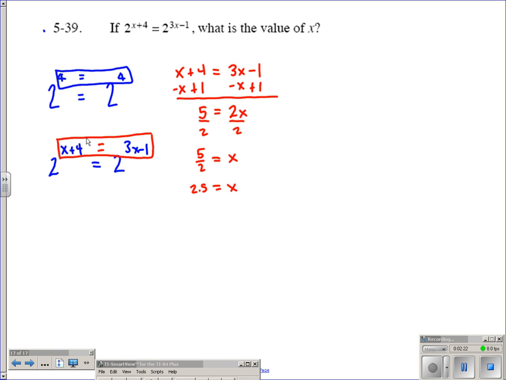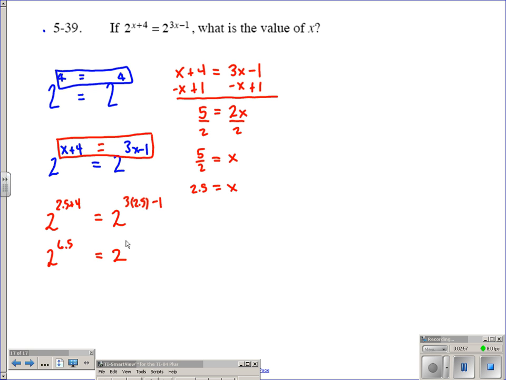So in order for this to be a true statement, the value of x has to be 2.5, which means we'd have 2 to the power of 2.5 plus 4 should equal 2 to the power of 3 times 2.5 minus 1. 2.5 plus 4 is 6.5, so we're saying 2 to the power of 6.5. 3 times 2.5 is 7.5, minus 1 would be 6.5.